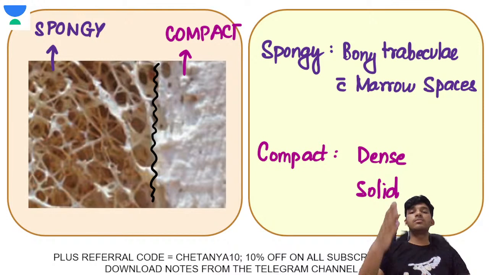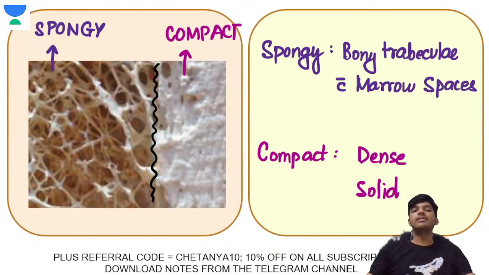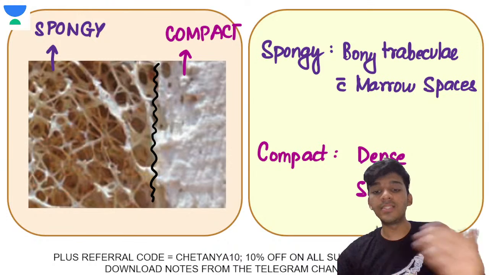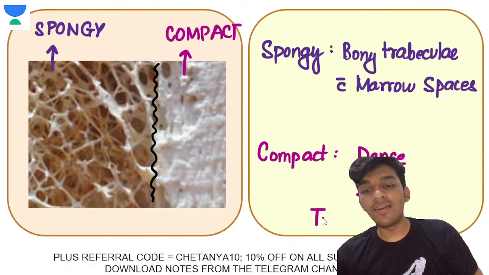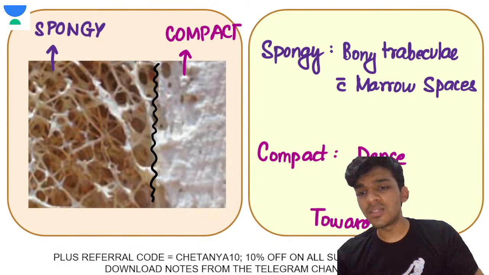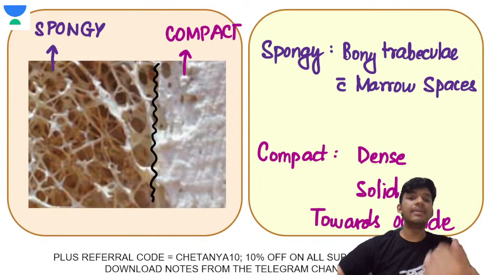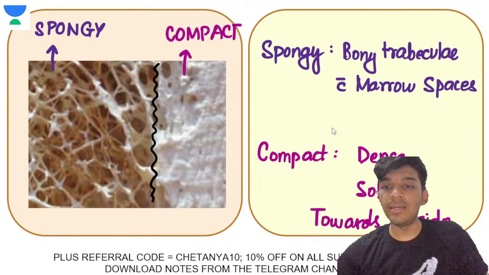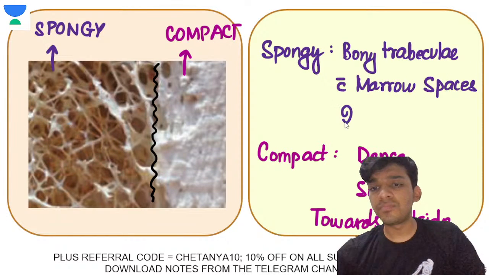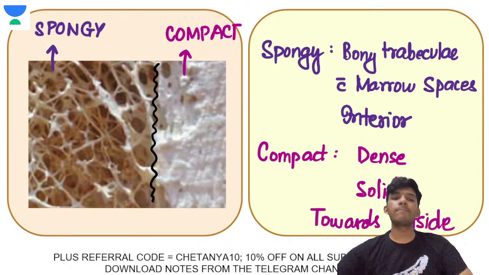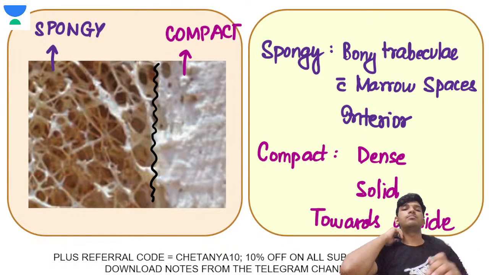The second thing that you can understand is that compact bone is present towards the outside of the bone, whereas spongy bone is present in the interior.